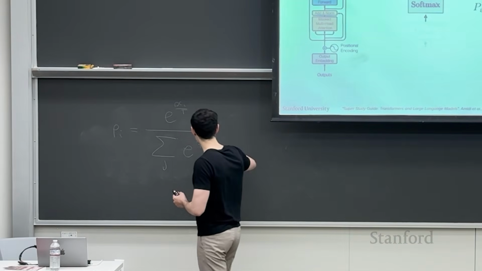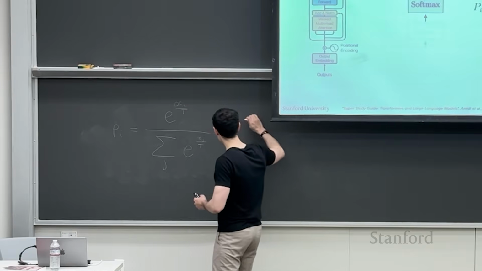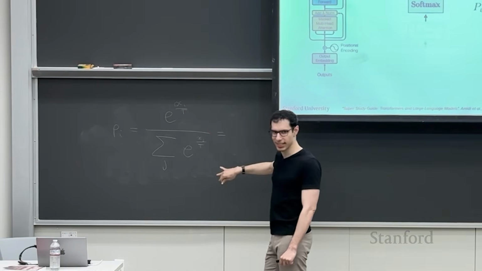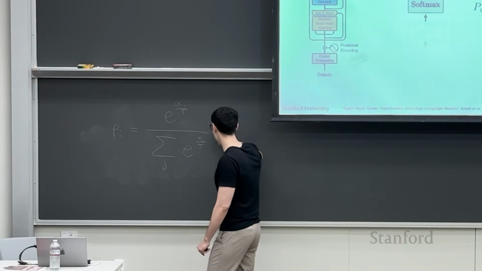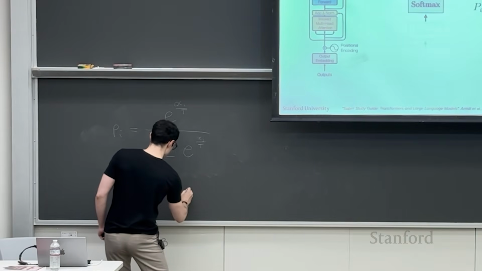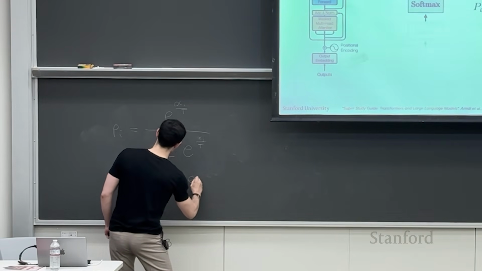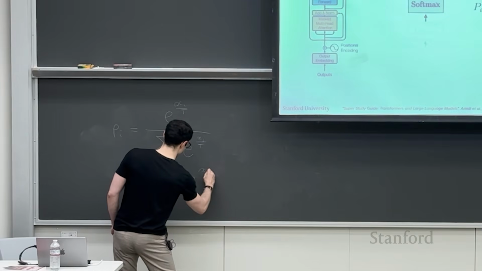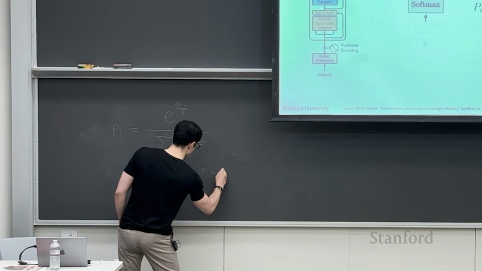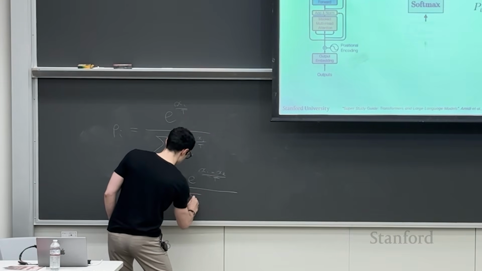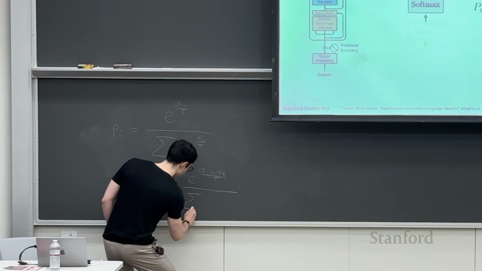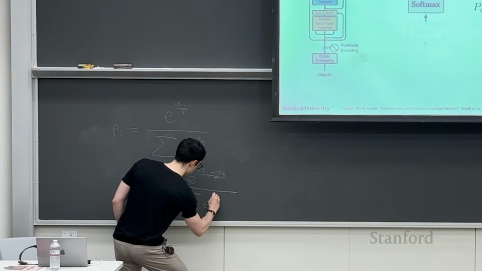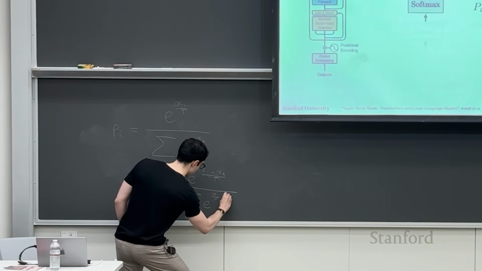What I do is I will factor by this quantity: e to the xk over temperature, and then here you have the sum over all j of exponential of xj over t minus xk over t.